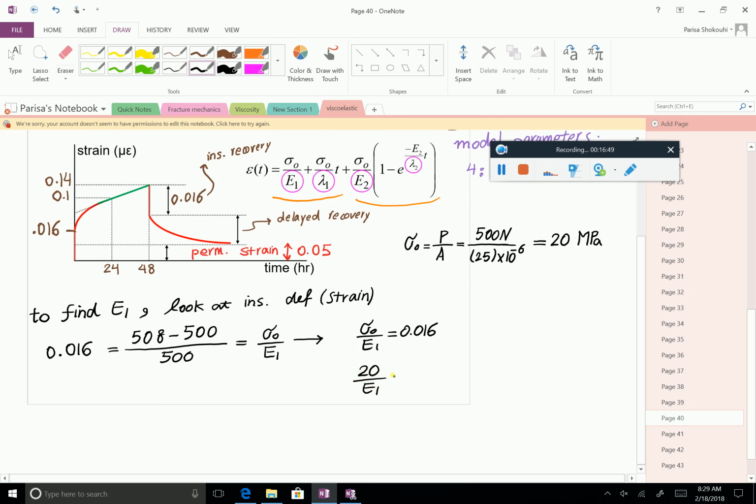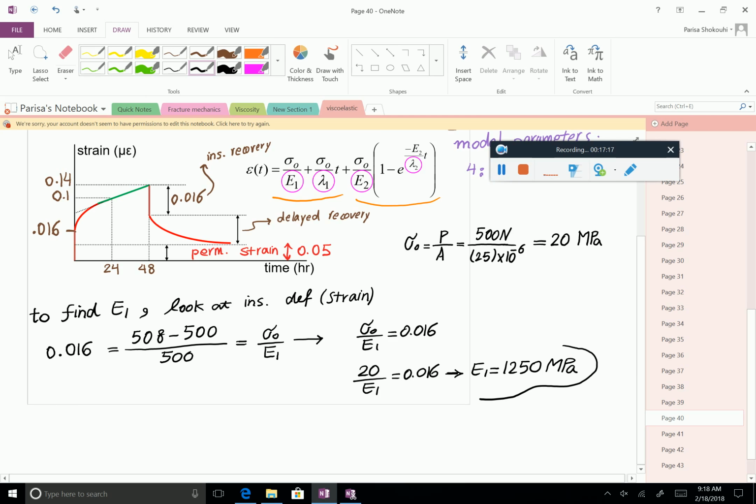So this gives us E1 of 1250 megapascals. So now we have E1. One parameter is found. Great.